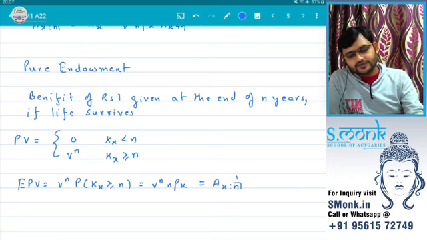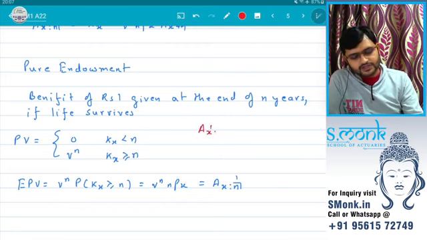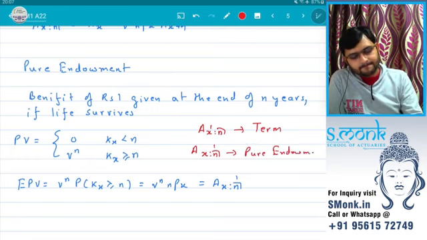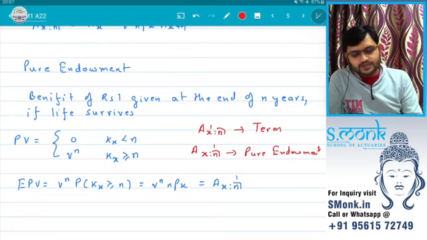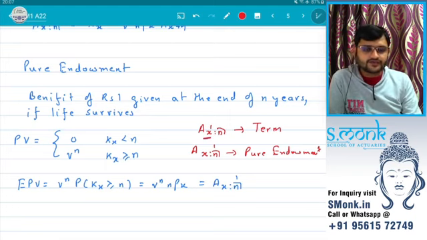We were talking about ax dash n. This was nothing but term, and ax n dash is pure endowment. Here dash was over x because we said the payment would be given if x, that is life, ends before n.